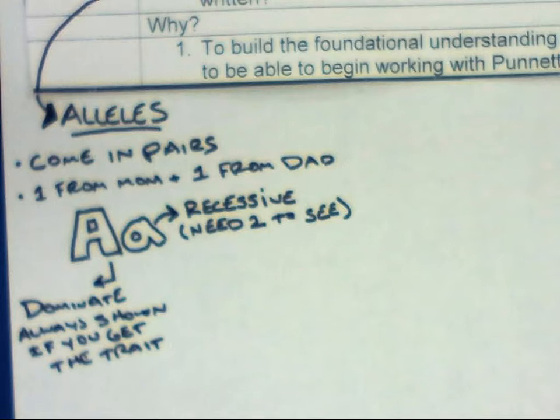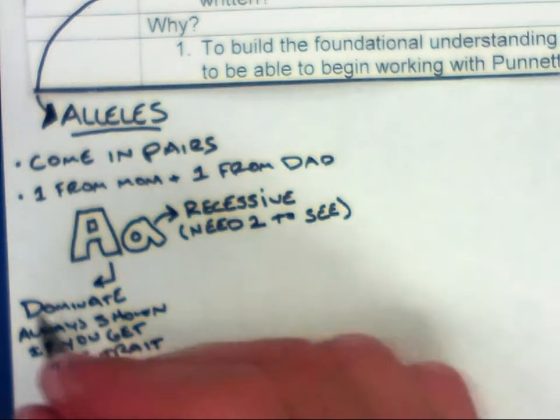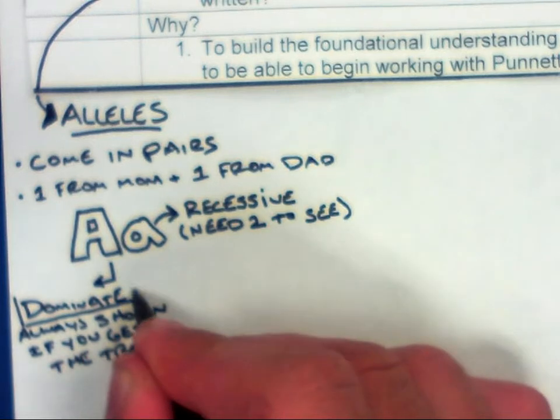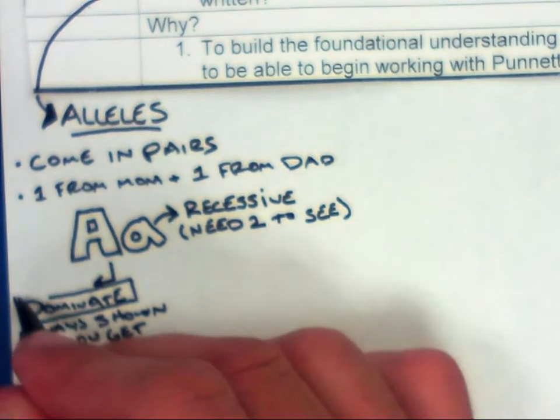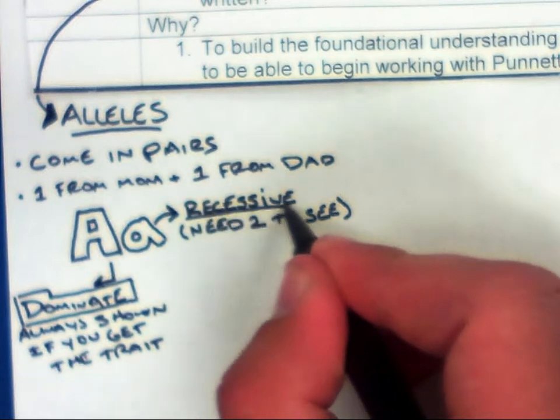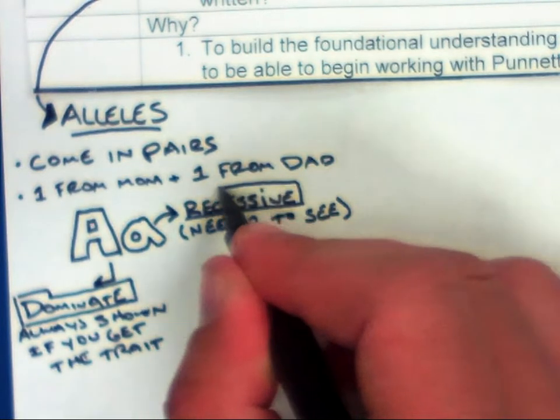So you only need one of them. So just mom or just dad has to give you a dominant trait, and you're going to have that. So say curly hair is a dominant trait. Mom gives you straight hair, dad gives you curly hair. Well, then you're going to have curly hair.